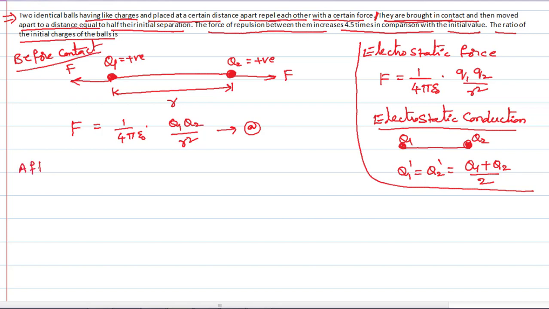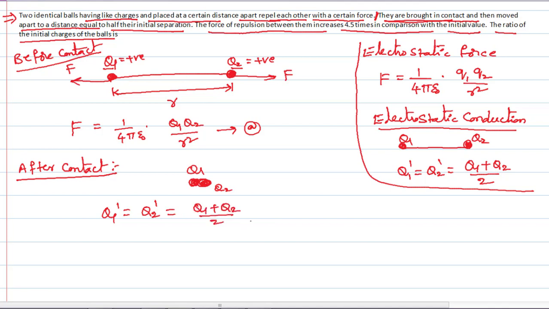Next, after contact: if these two charges, Q1 and Q2, are in contact together, they exchange their charges. Then the value on each charge is Q1 dash equal to Q2 dash equal to Q1 plus Q2 by 2. This concept is based on electrostatic conduction.